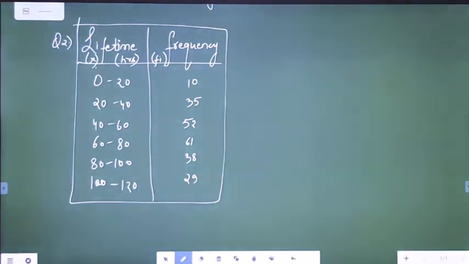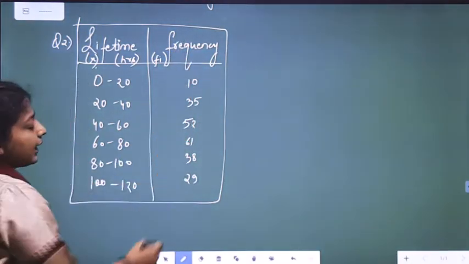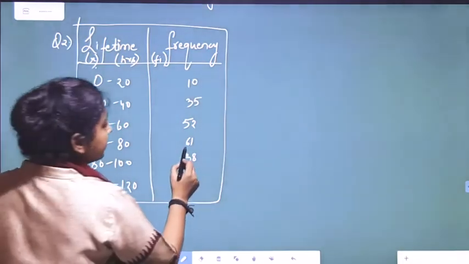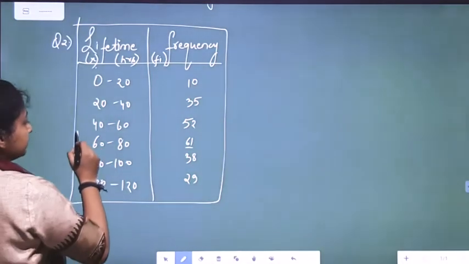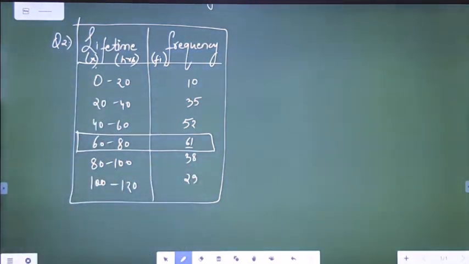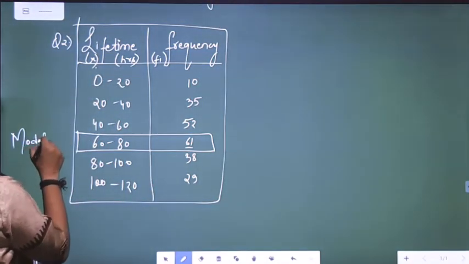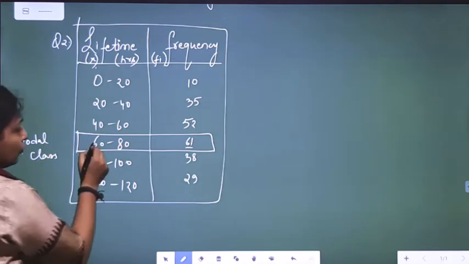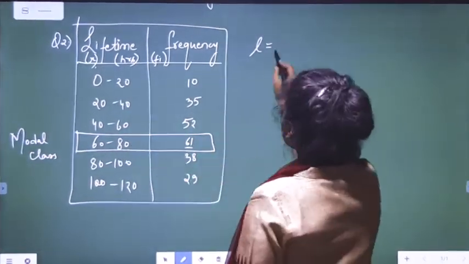So first, identify the modal class. Modal class is that particular class which has the maximum frequency. See, 61 is the maximum value here. So this particular class interval 60 to 80 will be the modal class. What is the lower limit of this class? Lower limit is L and this is 60.